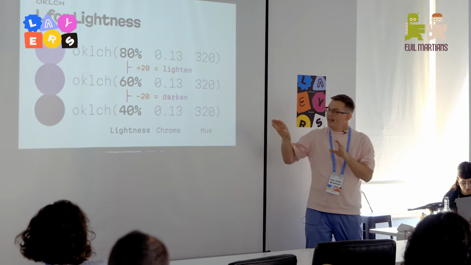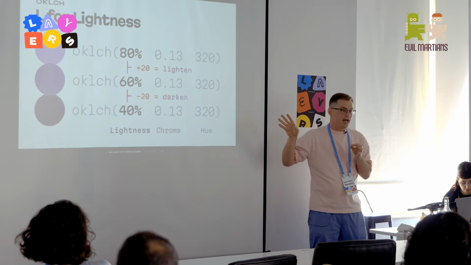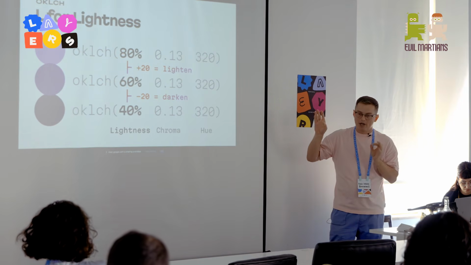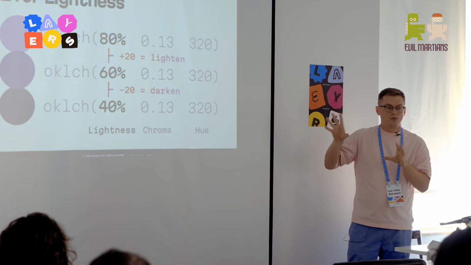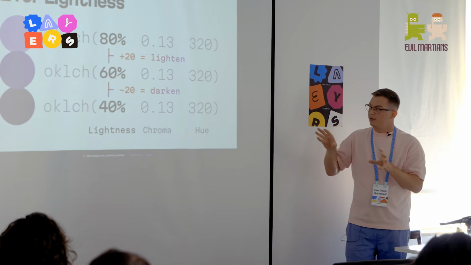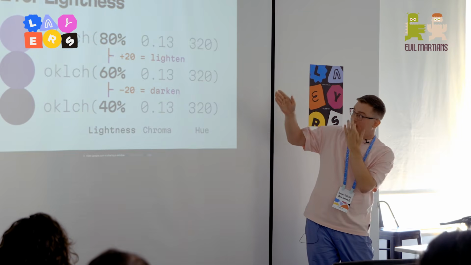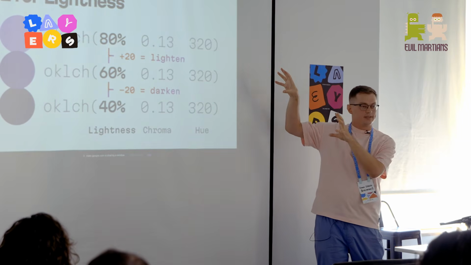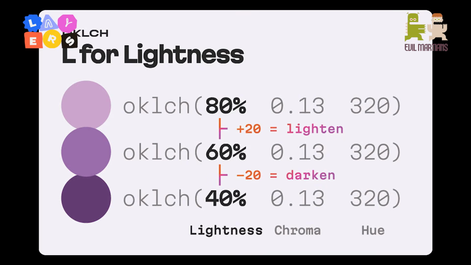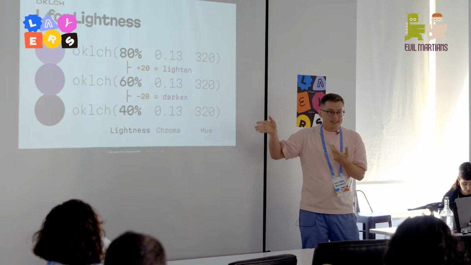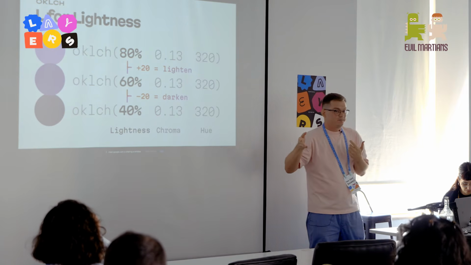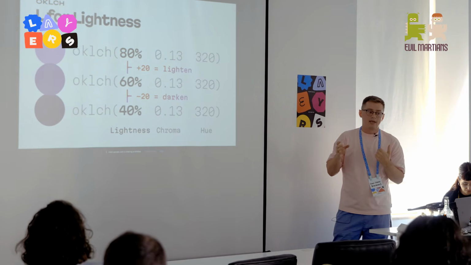In OKLCH, the lightness parameter works pretty simply and gives you full control over this thing. So if you increase the number, the lightness increases, the color becomes lighter. And if you decrease the number, the opposite happens.